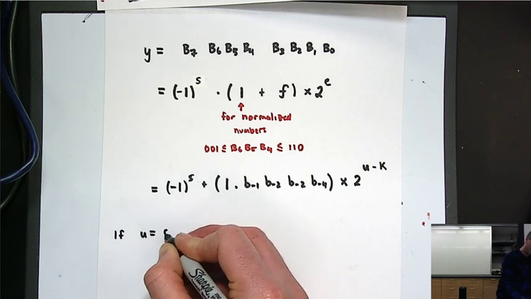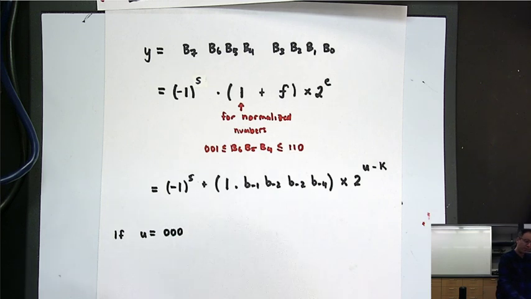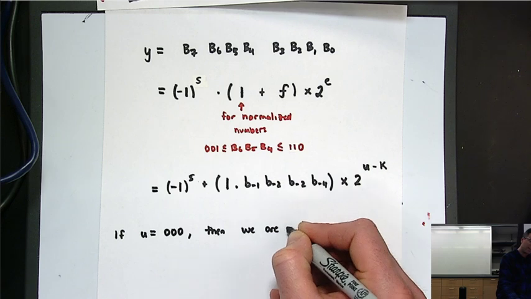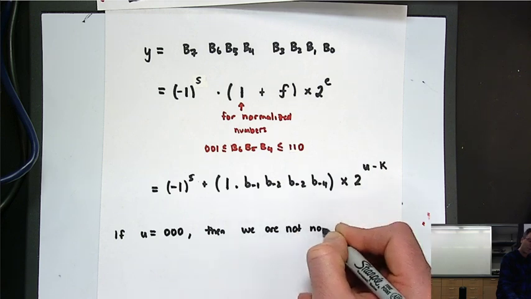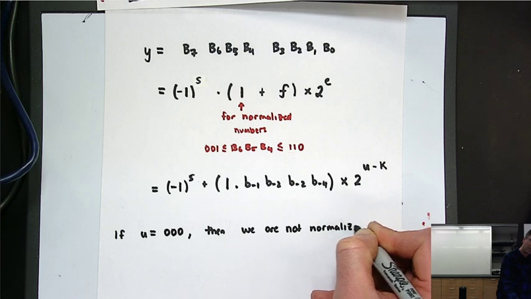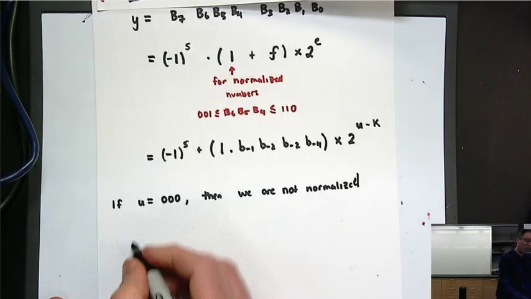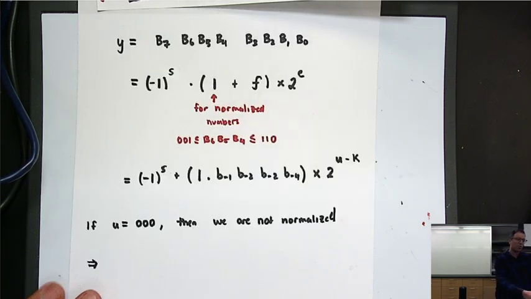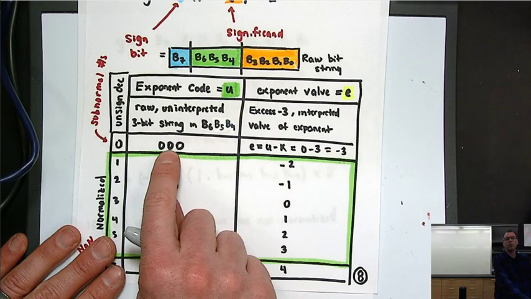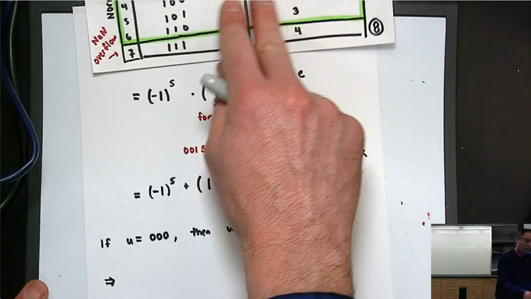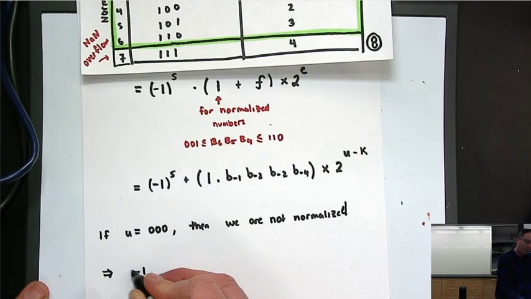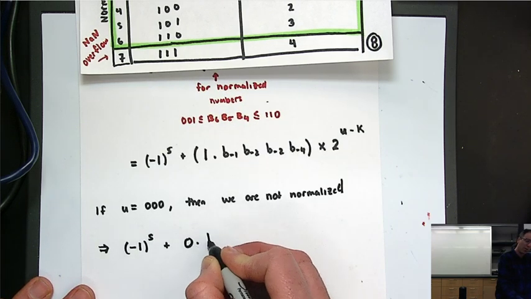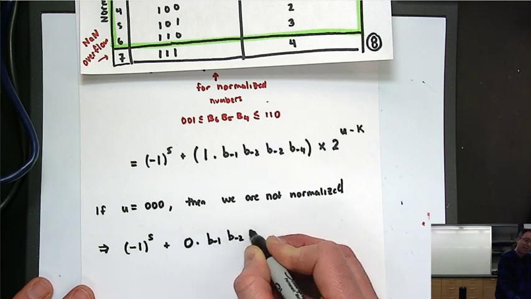If, on the other hand, u is 0, 0, 0, then we are not normalized. So what's crazy about this is, if the bit string that I actually store in memory is 0, 0, 0, the corresponding number that I get out, this first digit will go to 0, and it becomes literally a fixed point data class.